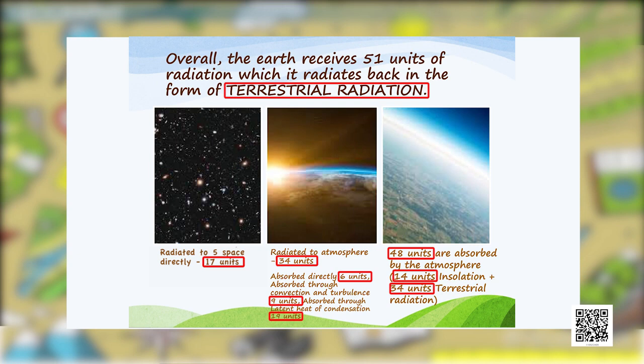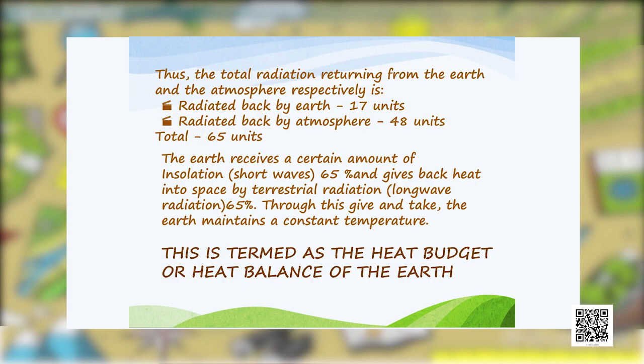They are also radiated back into space. Thus, the total radiation returning from the Earth and the atmosphere, when you total it out, 17 plus 48, that makes 65 units, which balance the total of 65 units received from the Sun. This is termed as the heat budget or heat balance of the Earth.